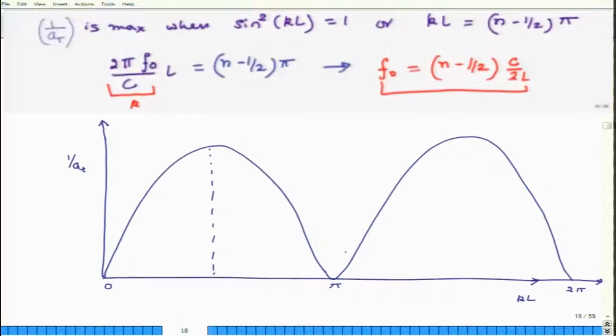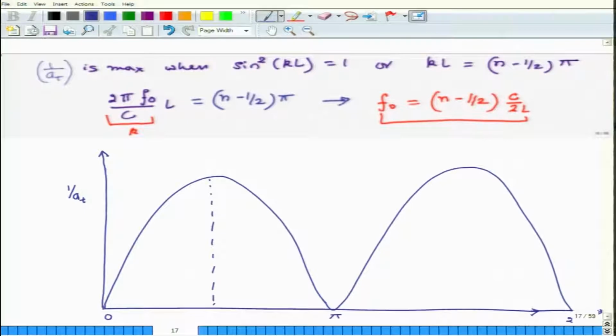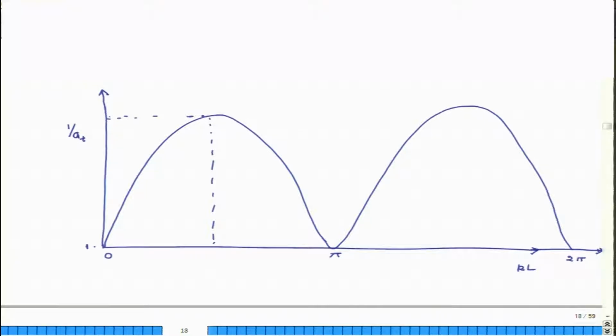So, whenever sine of kL is 0, my 1 over AT term becomes, as per this relation, 1. So, this axis starts from 1 and it has a maximum. So, when sine kL is 0, then 1 over AT is 1 and transmission loss is 0 decibels. So, that is what the thing is, and let us say that this m corresponds to some value, let us say it is 40.